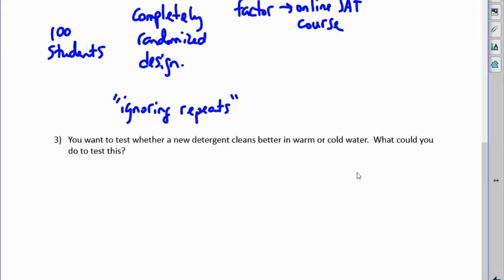Okay, what could you do to test a new detergent to see if it cleans better in warm or cold water? What could you do to test this? I guess it depends.